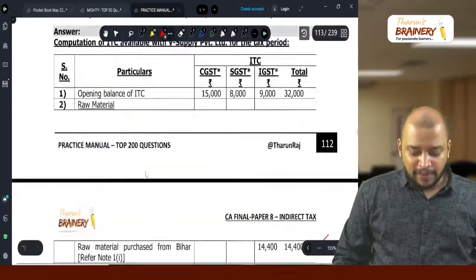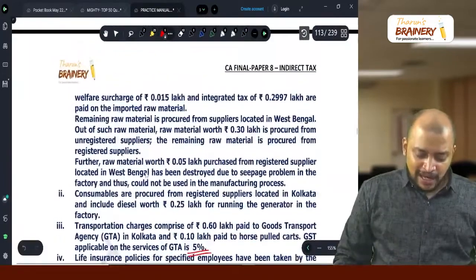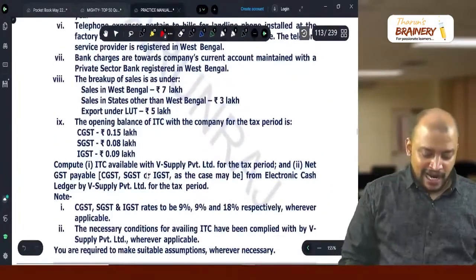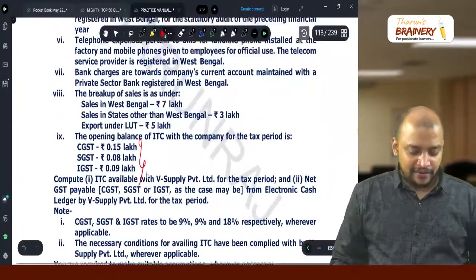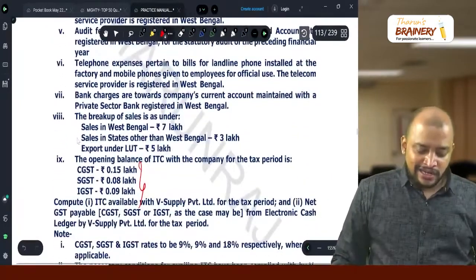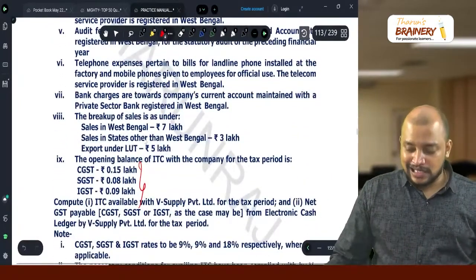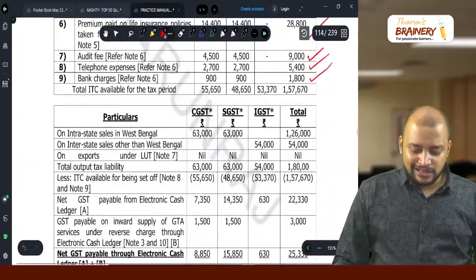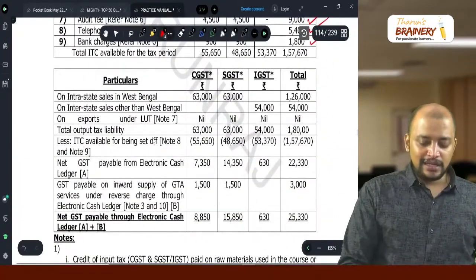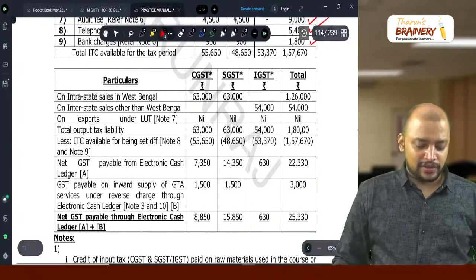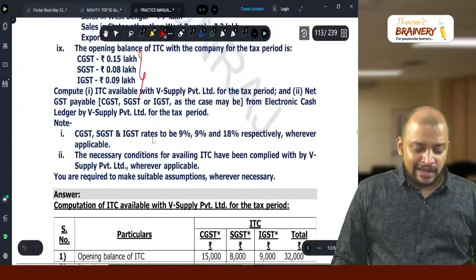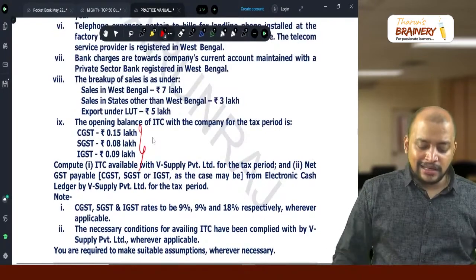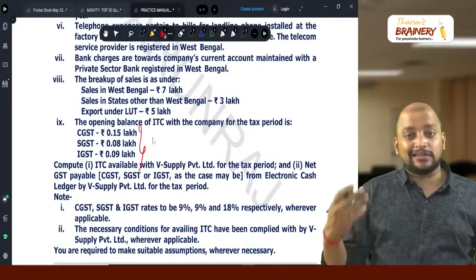Now outward supply, and opening balance also we have. Then outward supply, if you see, sales in West Bengal, CGST, SGST. So 7 lakhs into 9%, 63,000 and 63,000, total 1,26,000. And then we have sale in other states other than West Bengal, 3 lakhs.